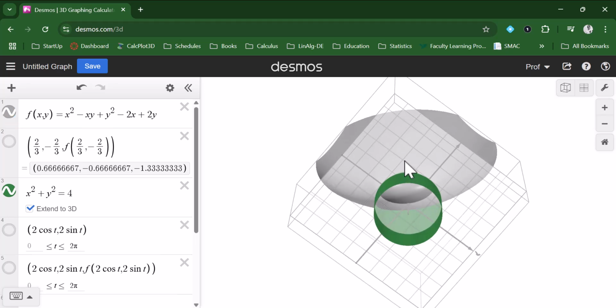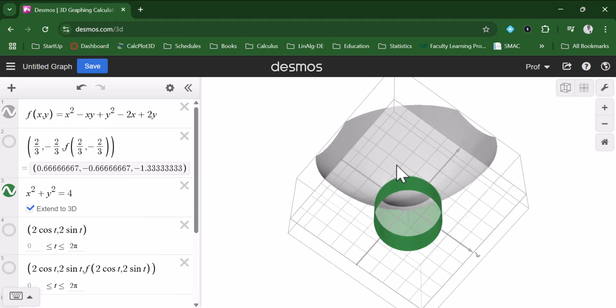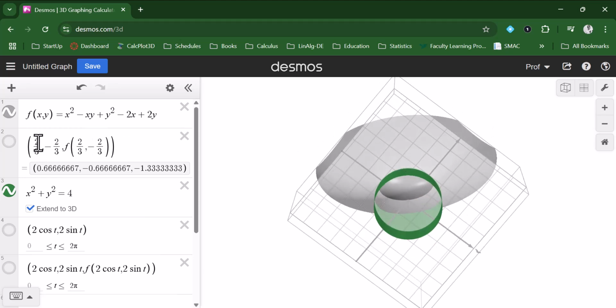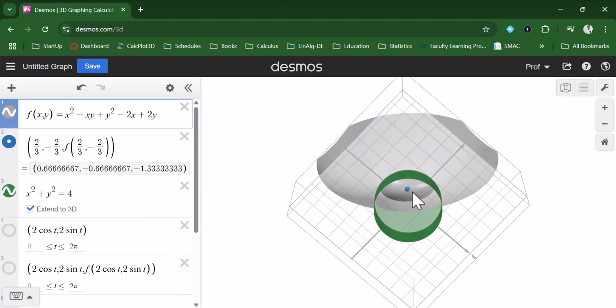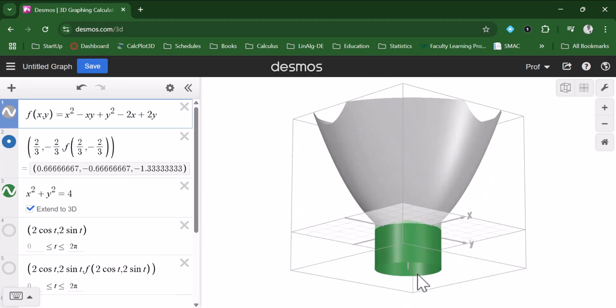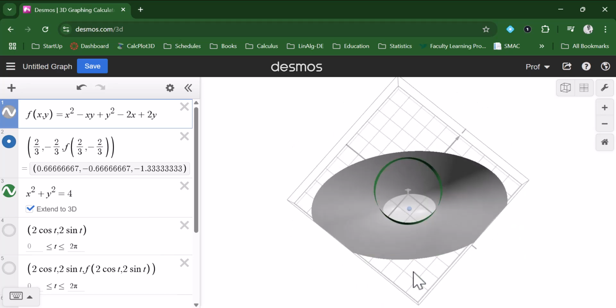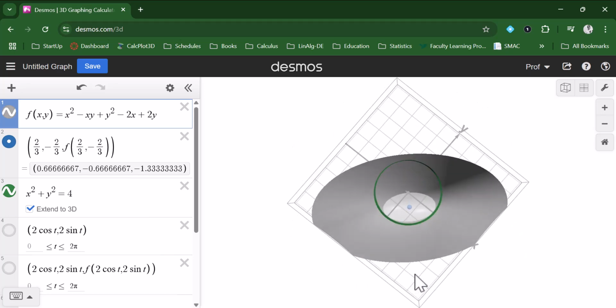And so remember, our critical point happened at 2/3 comma negative 2/3. And so if I put that into the function, I get negative 1.333. That gives me that point down here, which is going to be within this circle. It's going to give us the maximum or the minimum value.